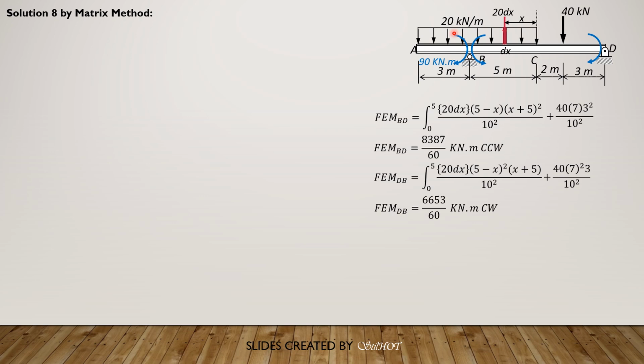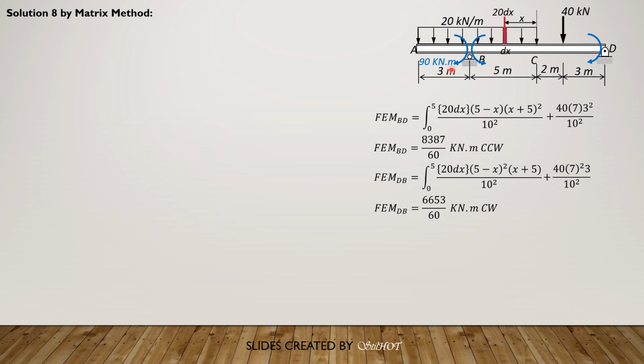So the technique is, this is clockwise, so 90 minus this moment here, which is 8387 over 60. If the result is positive, it means the nodal load is counterclockwise. If the result is negative, it means that the nodal force is clockwise.